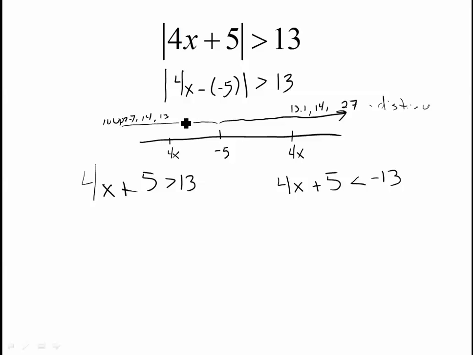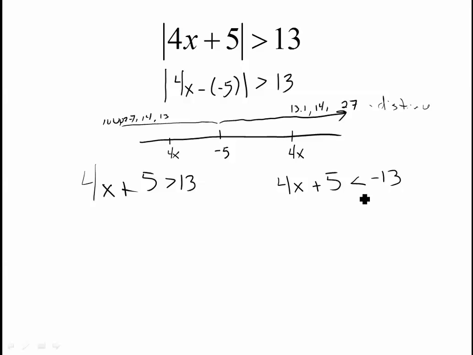If I'm going to go in the opposite direction, that's what the negative is indicating, or numbers further away from negative 5, 13 units, 14 units, or 15 units, then the distances I could travel in terms of direction, I could go negative 14, right, 14 units to the left, or negative 27, 27 units to the left.